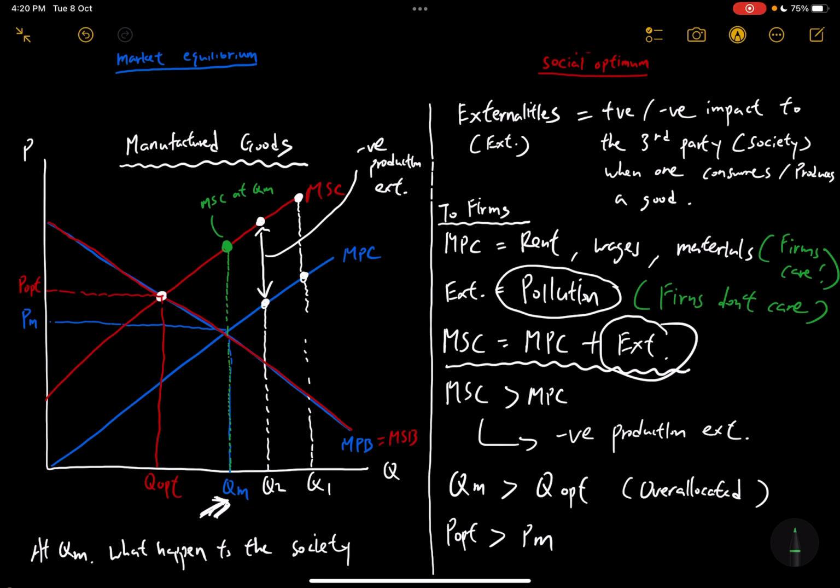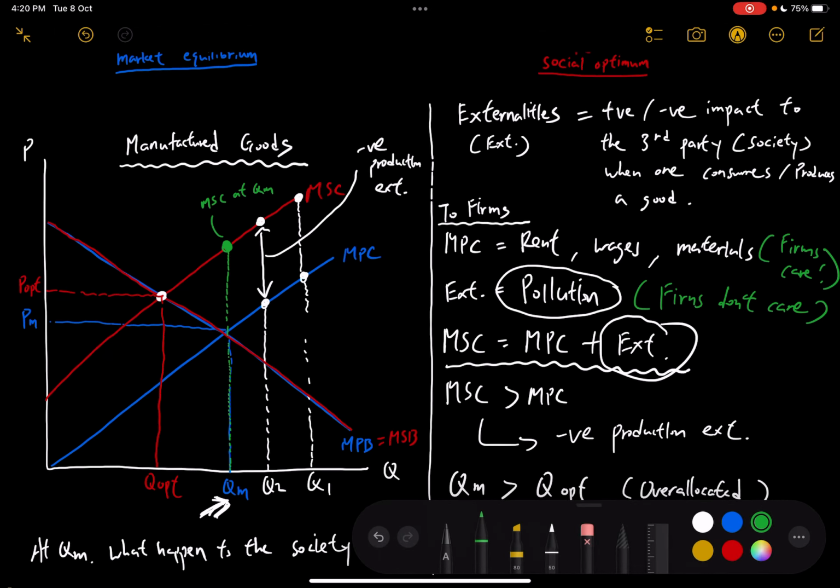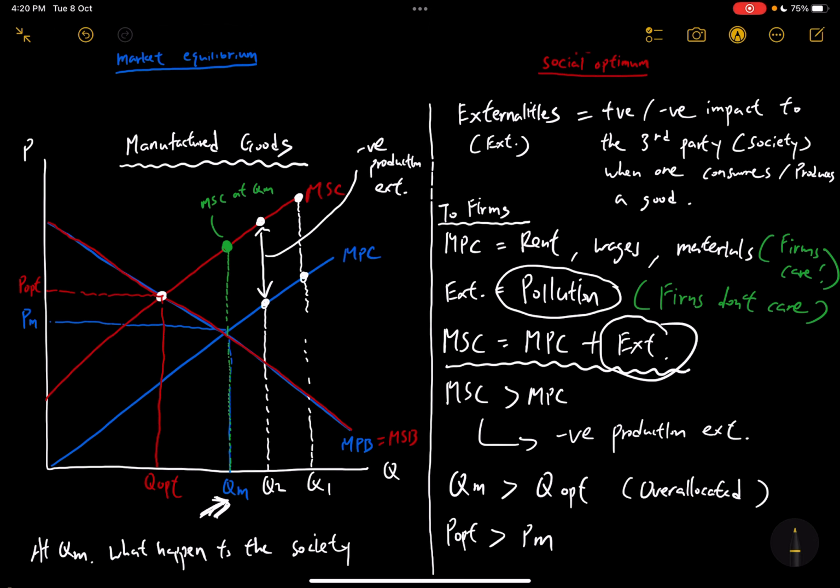And where's my MSB? Let me use another color as well. MSB should be here, because when you look at the curve, this is where MSB is at QM. So this yellow dot is MSB at QM.